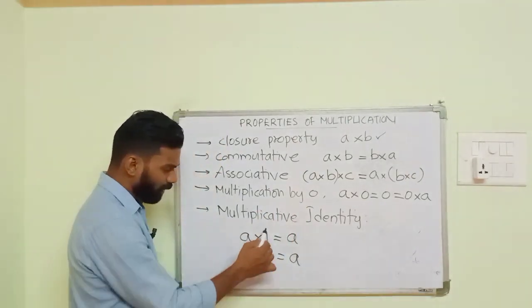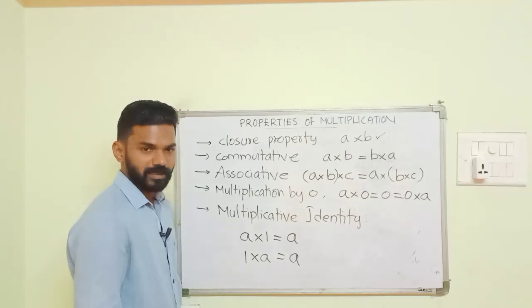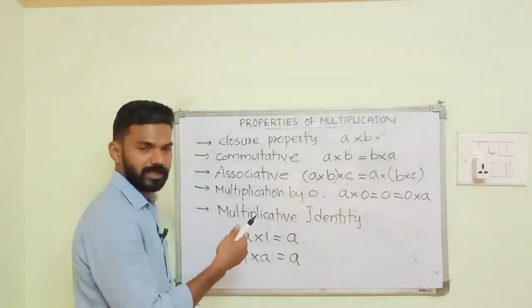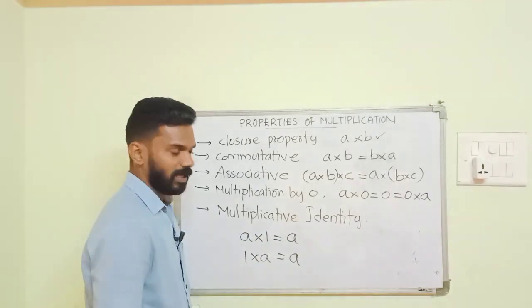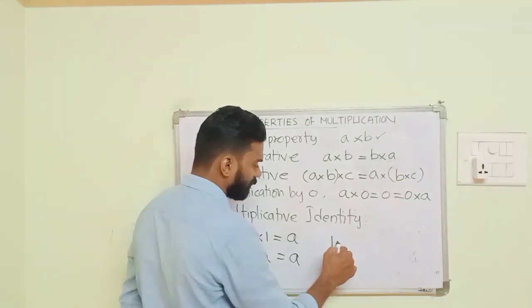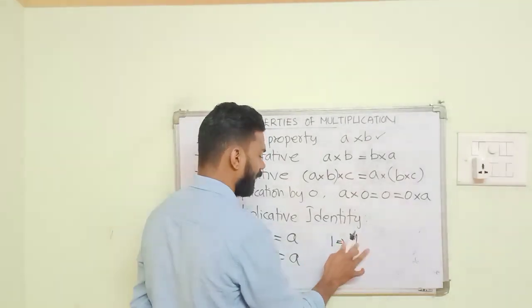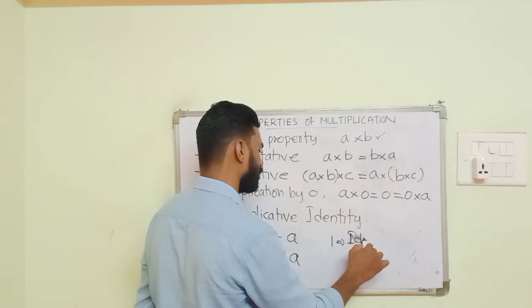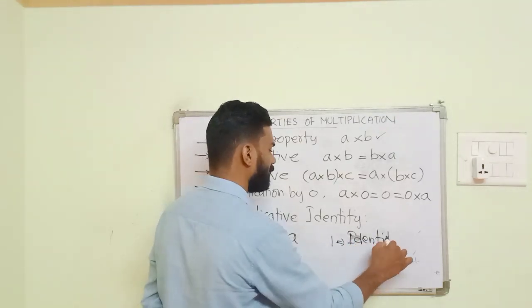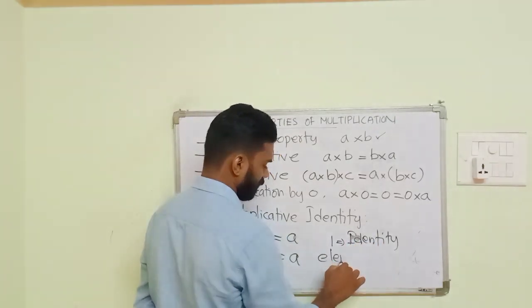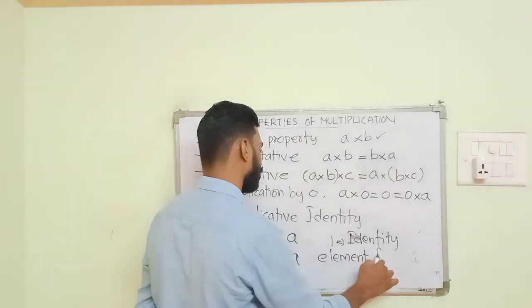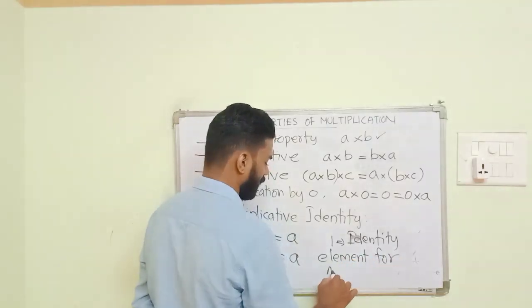Here the number 1 has the speciality. That is why this property is there. This one is called the identity element, for the operation of multiplication.